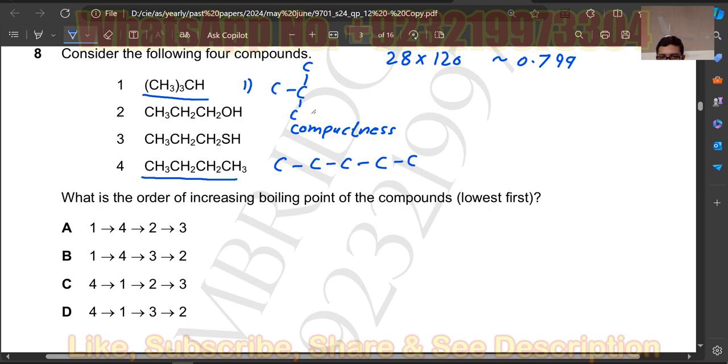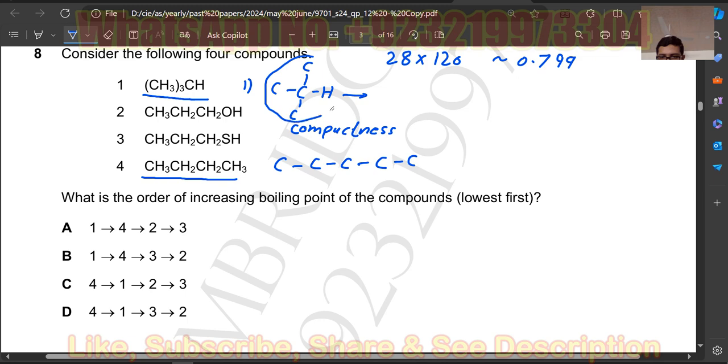You can see this is the structure of the first hydrocarbon. Because of this branching, there come some gaps between these molecules, and as a result the compactness is weakened here.